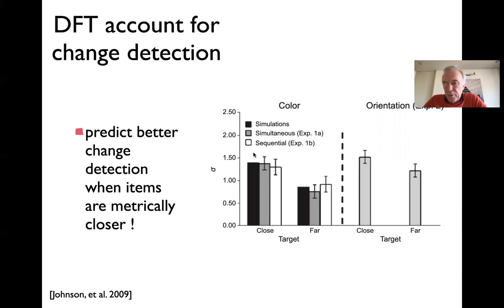So predicting when there was change, and you see for two items that are metrically close, you have a higher precision of detecting change than for items that are far, and same for orientation. When the feature dimension is orientation, you also have better precision for close items than for far items.